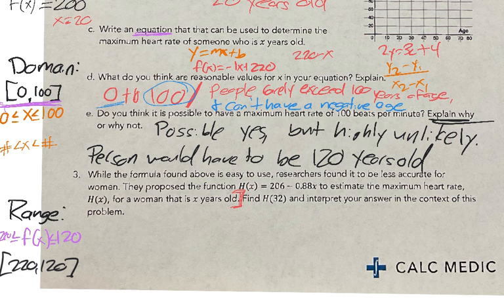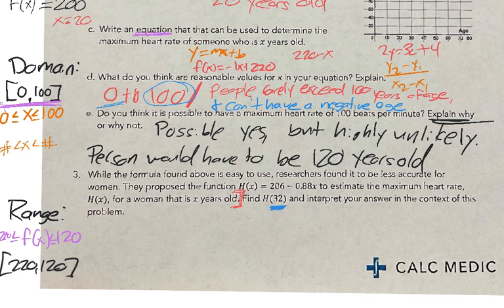But I don't know that until I solve it out. I'm trying to do it in my head right now. It's going to be in the hundreds, I think. So it is going to end up being outside of our domain that we picked. So anyways, how could we find h of 32?